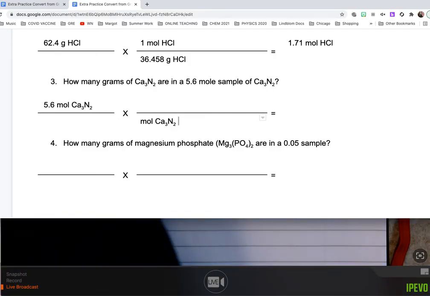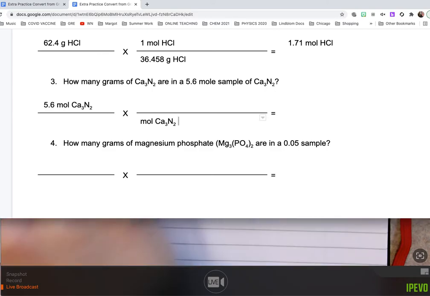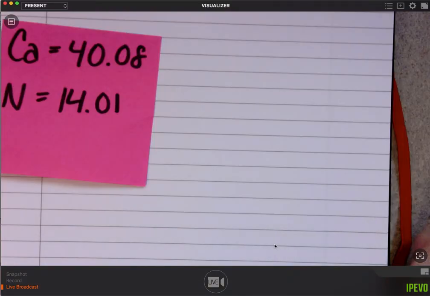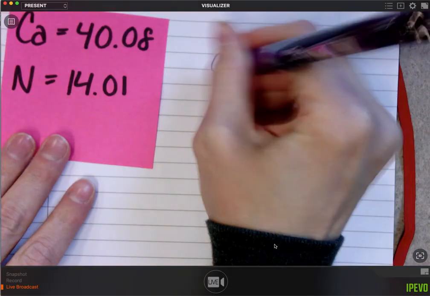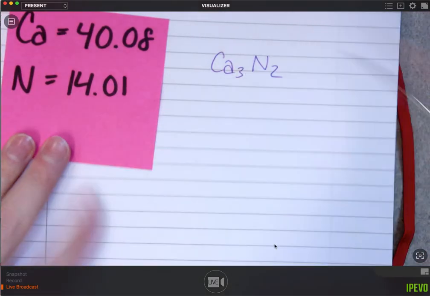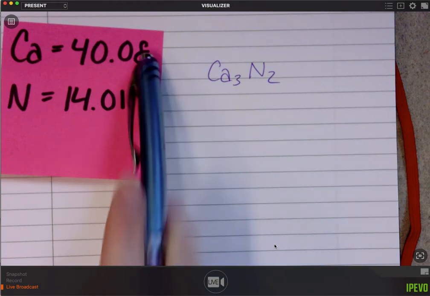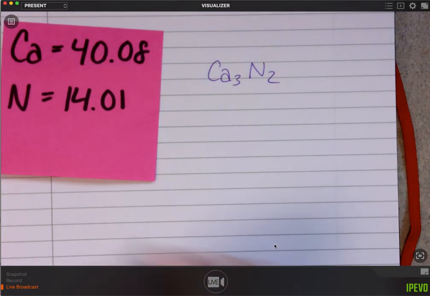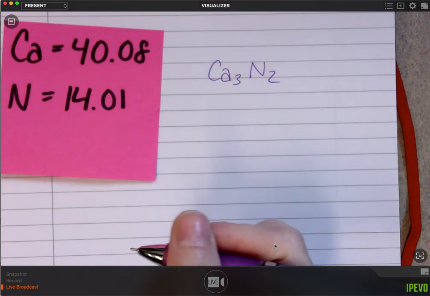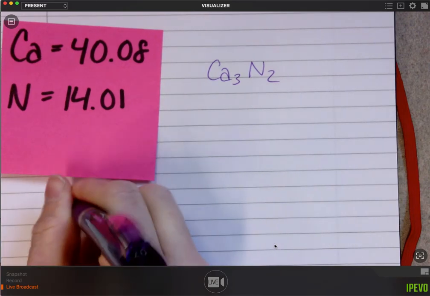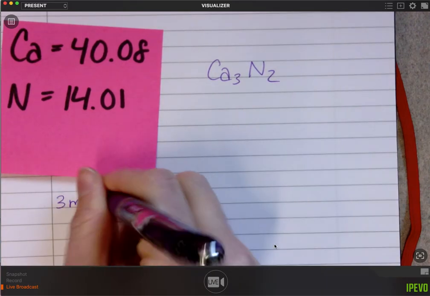If I look at my periodic table, I see that I have Ca3N2. I just got these numbers from my periodic table again. Within calcium nitride, I have 3 moles of calcium.